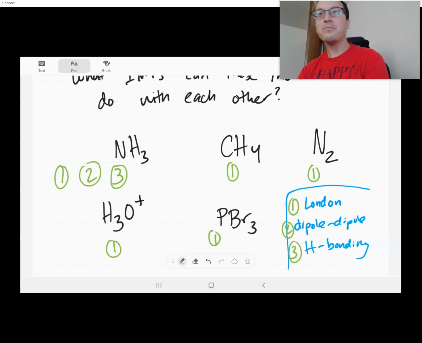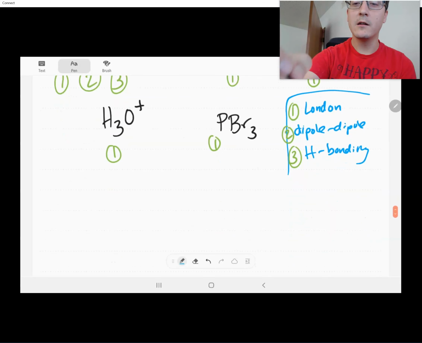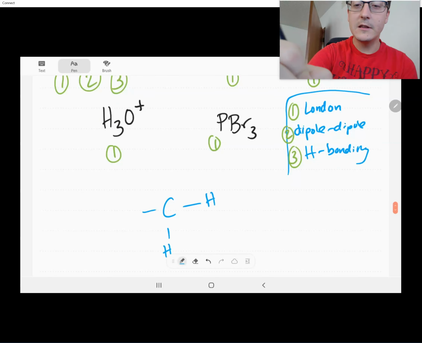So, cool. Okay, CH4. It can do London. Can it do dipole-dipole? I disagree. If we draw the Lewis structure, this is the Lewis structure you get for methane.